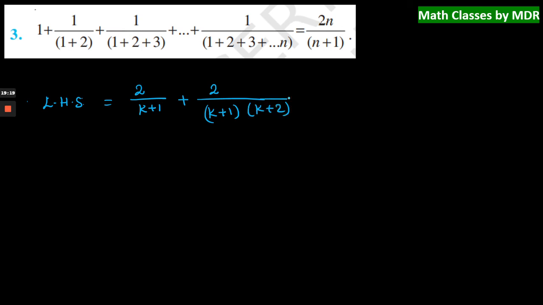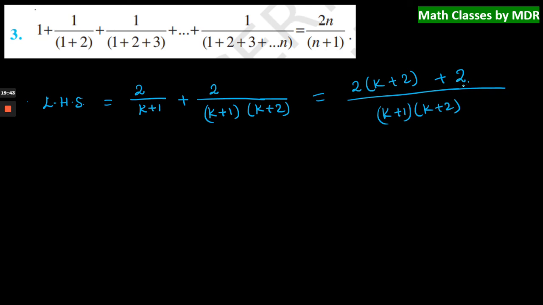Okay, it's not 3, it's k plus 2. We have to prove it is equal to the right hand side. Let us take the LCM, which is k plus 1 into k plus 2.